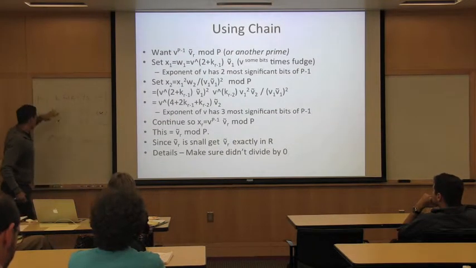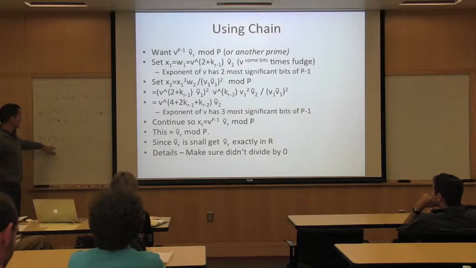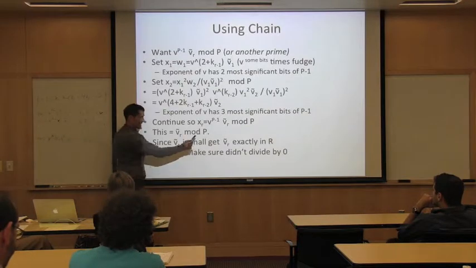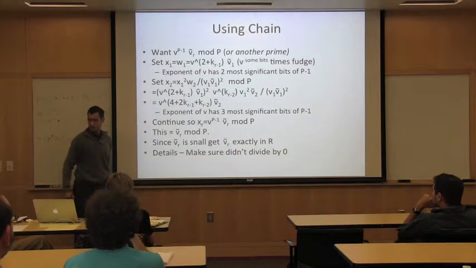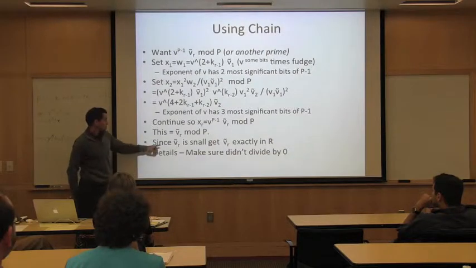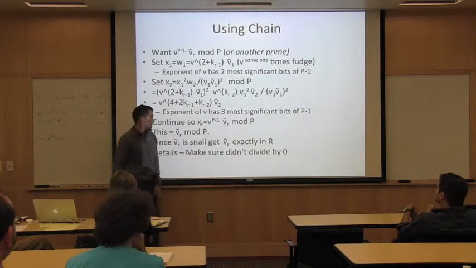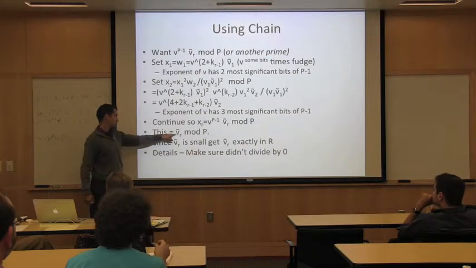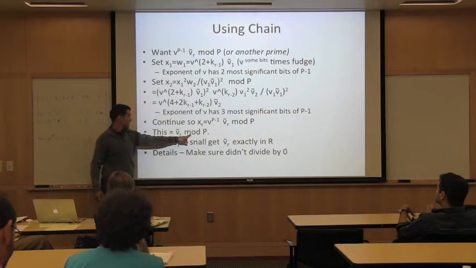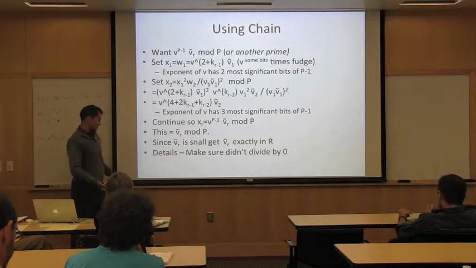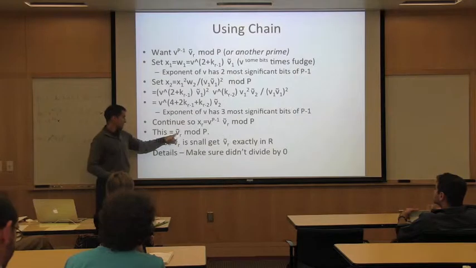So you can see how these polynomial chains are really useful. We did all these computations mod P, and we never had to calculate V to the capital P minus 1 over the ring, because that would be explosive. Now, because V to the P minus 1 is 1 mod P, that's just this fudge factor, the last rth fudge factor mod P. Furthermore, as we said before, it's great that this is a smallish number, less than the LLL bound.